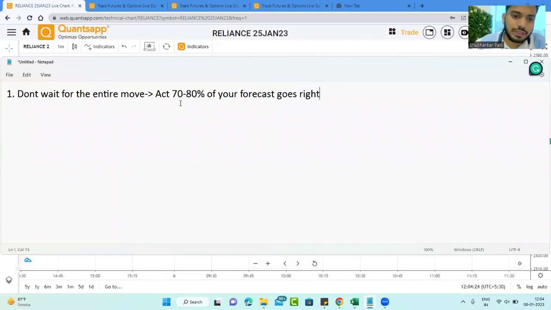Whatever target you aimed, let's say you aimed that this option would go from 50 to 100 rupees. The moment it goes to 80, that is the time you start booking your partial profit. Let's say you took trades in 10 lots, at least go ahead and book 5 to 6 lots, and then also revise your stop loss, which I'll come to in some time.